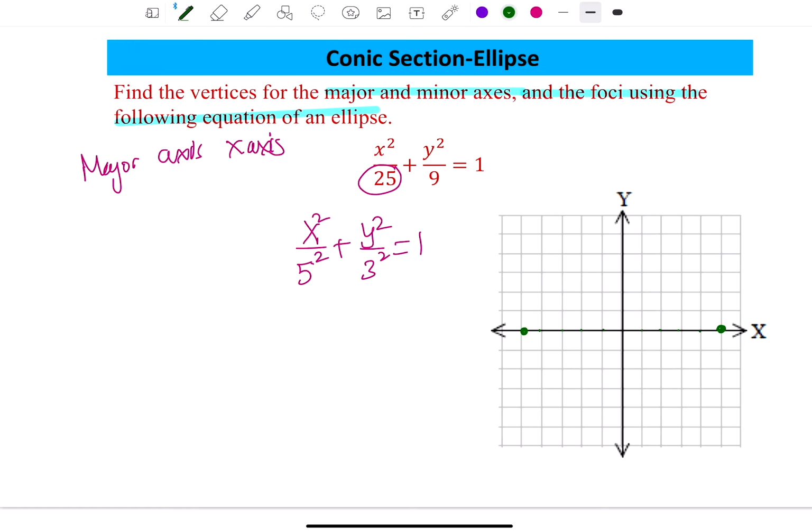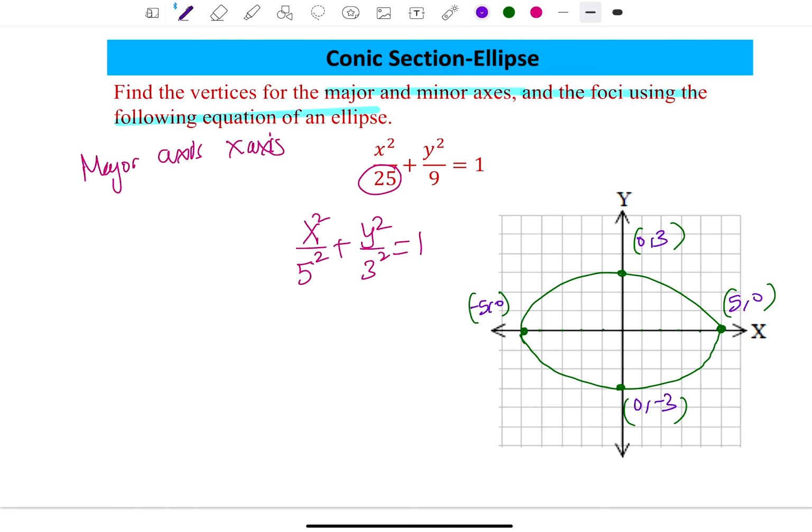For the minor axis, I'll be moving 3 up and 3 down. We can connect these dots. Our vertices along the major axis are (5, 0) and (negative 5, 0). Co-vertices are (0, 3) and (0, negative 3).